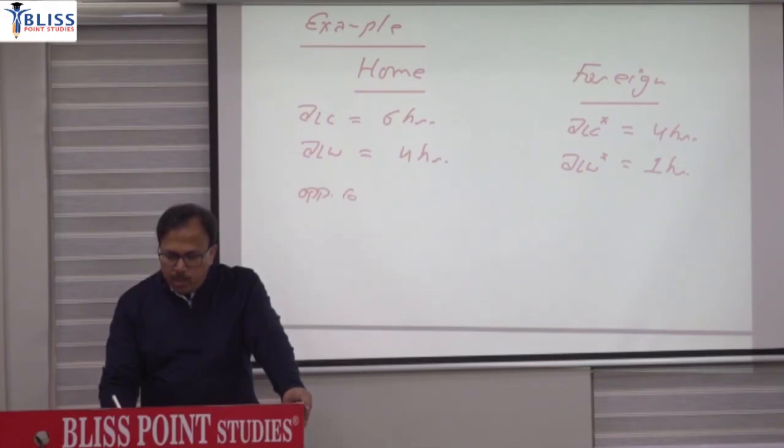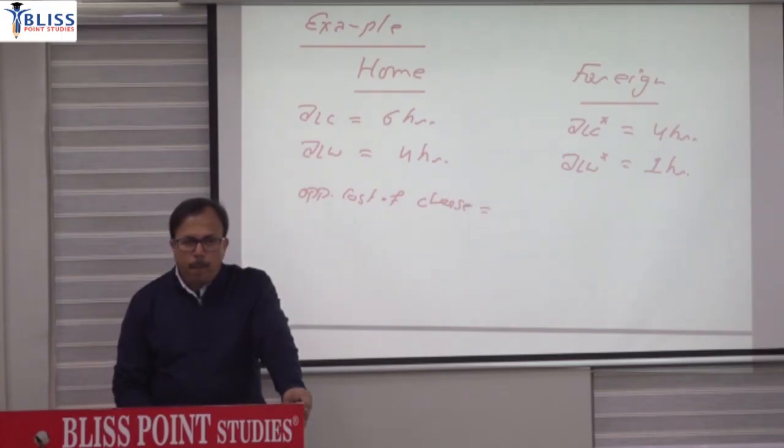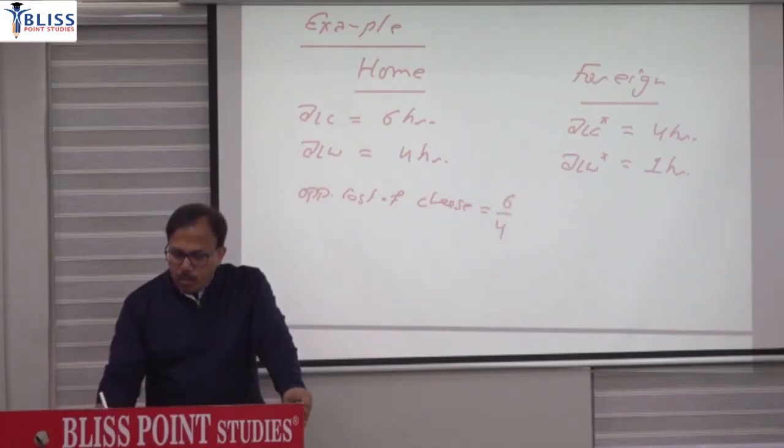Calculate here opportunity cost of cheese. So what will be opportunity cost of cheese here? ALC by ALW. So that will be 6 by 4. Calculate opportunity cost of cheese in foreign country. What is the number?